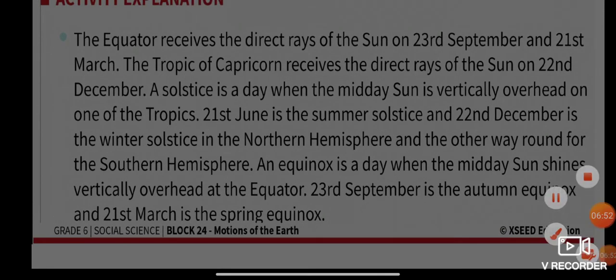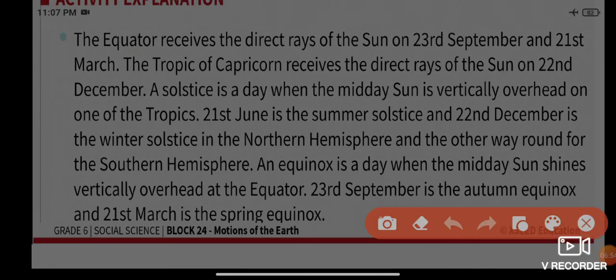Remember the dates. This is in the northern hemisphere, and it is the other way round for the southern hemisphere.